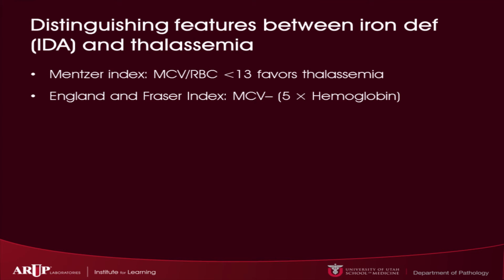So most of the time it's not really required to make that ratio. If we carefully look at the three parameters as I mentioned earlier, RBC, MCV and the RDW, we should be able to make a good calculated guess. But these are some of the commonly used indexes which we might encounter in our differential diagnosis.